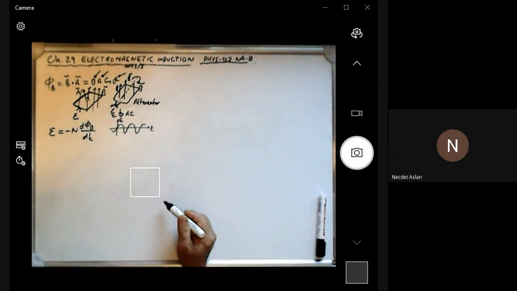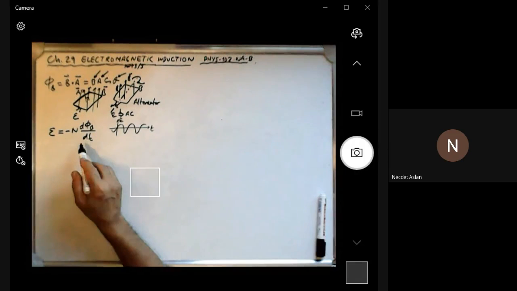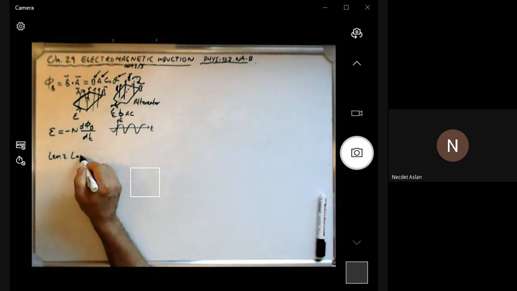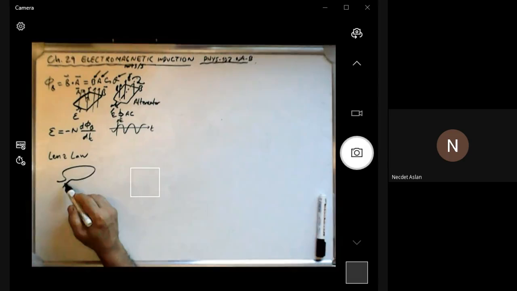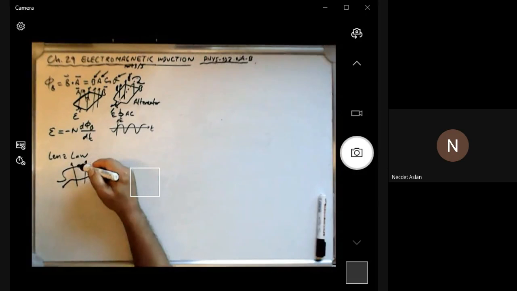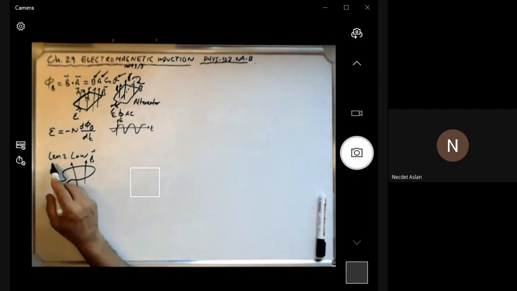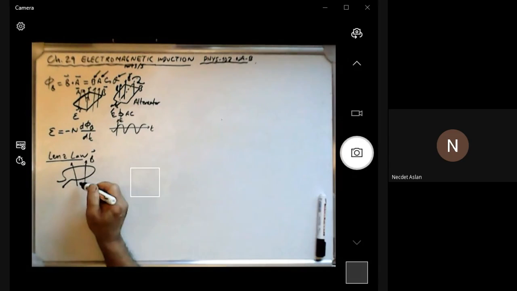Since we have this case, we can also connect this equation to Lenz's law. Lenz's law stated that, suppose this is the wire that we are talking about, and these are the magnetic field lines, not necessarily straight. Lenz's law actually gives you the information about how B changes in time.